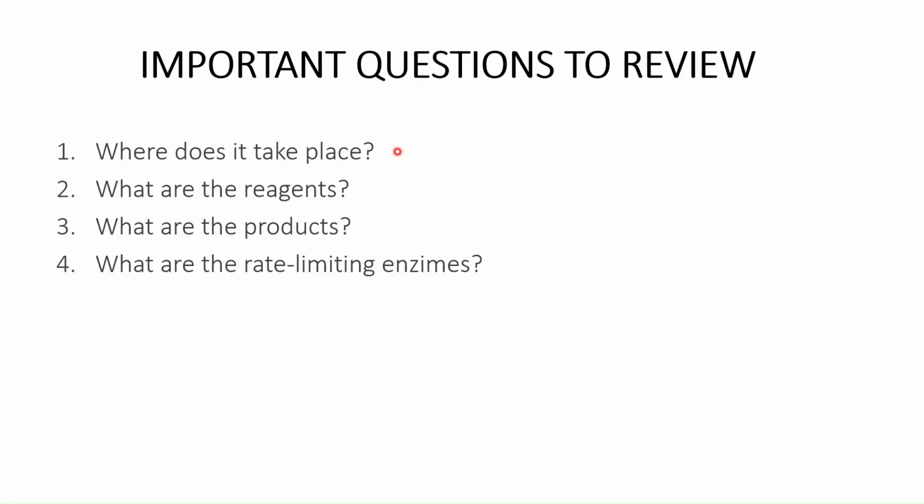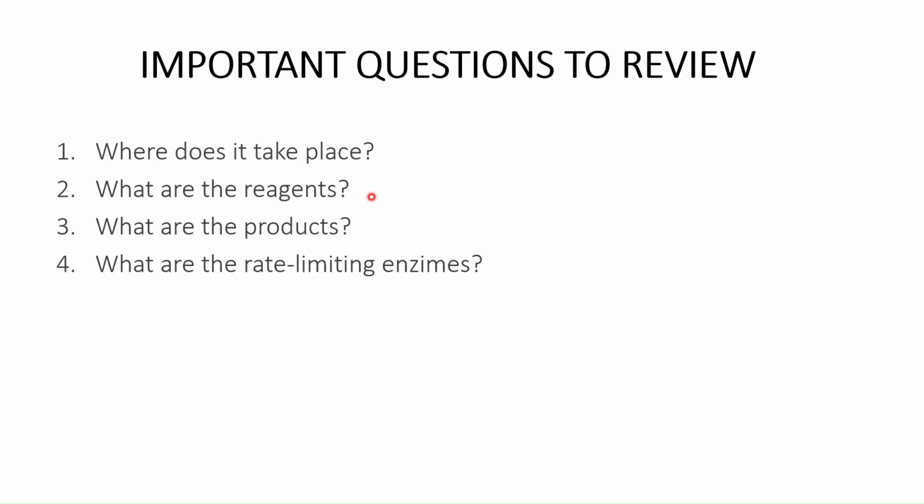Second question, what are the reagents? So basically, what are the ingredients that you need in order to perform this chemical reaction? What are the products? So what are the final products that you're going to get from this chemical reaction? And what are the rate-limiting enzymes? Because sometimes chemical pathways or metabolic pathways tend to have like 10 chain reactions, and they become overly complicated.